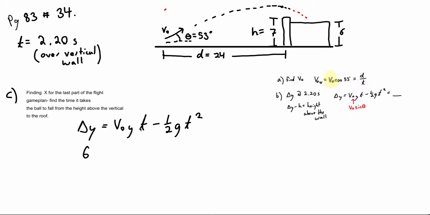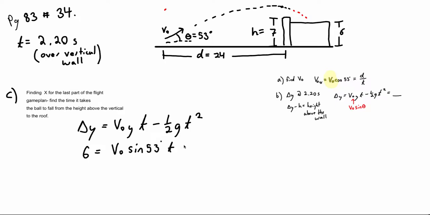If we find the time for it to be at 6 meters, right here, I want to figure out what this time is. So the time for it to go from the vertical to 6 meters. So I'd have 6, and then I'll let you figure out the v0y times t. The big thing I want you to realize is that whenever it's v0y, it's going to be your v0 sine of 53 degrees.